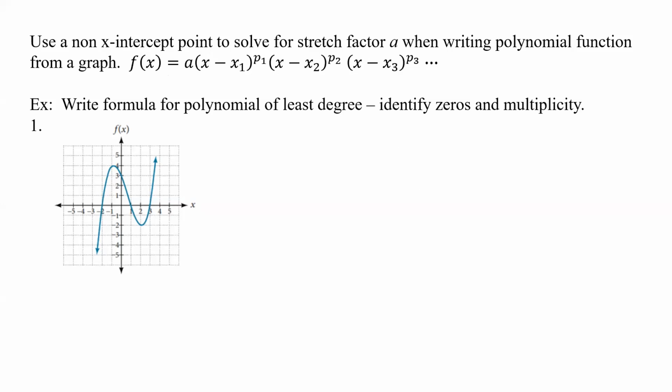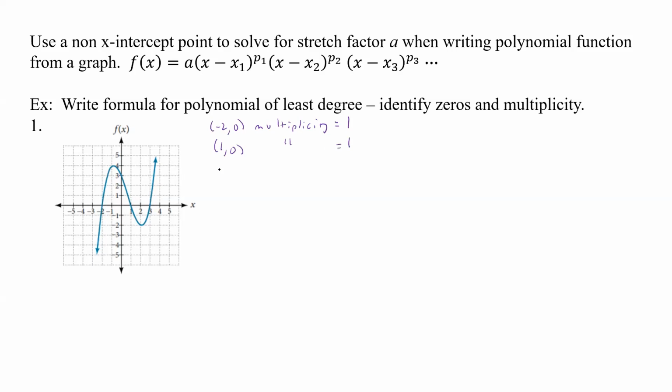And so let's look and see what we have here. So what do we have? We've got a point here. It's going to be -2, 0. That's going to be one intercept. Now its multiplicity looks like 1 because it's going straight through. Then we have something right here, which is 1, 0, and its multiplicity is also 1.